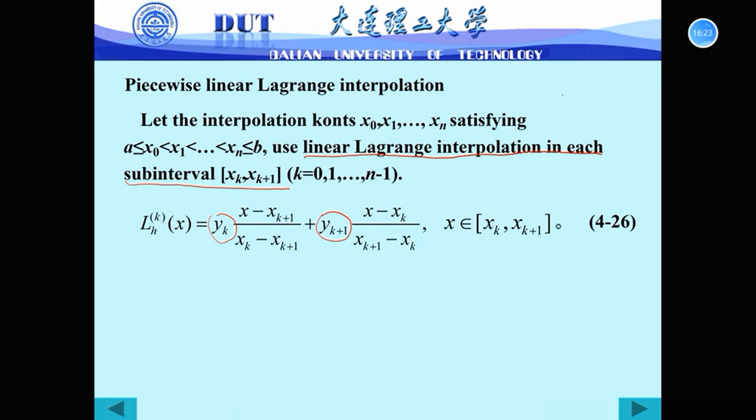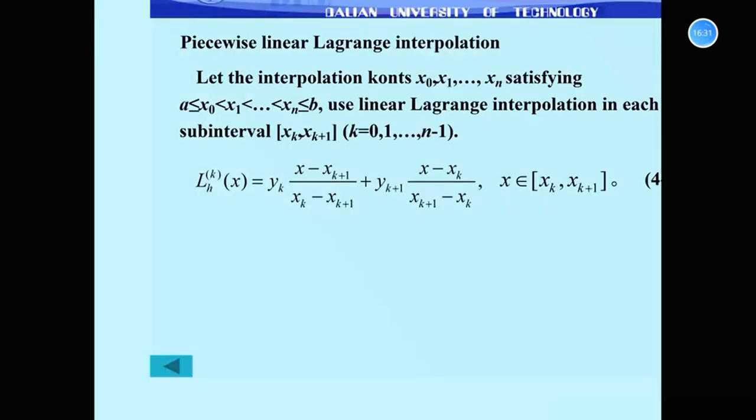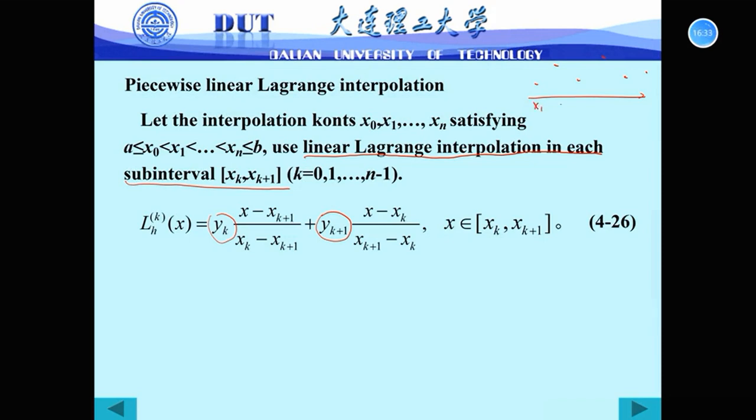So that means here we are given data points like this: x1, x2, x3, x4, x5, x6, for example. For each 2 points, we just connect them by a linear straight line.